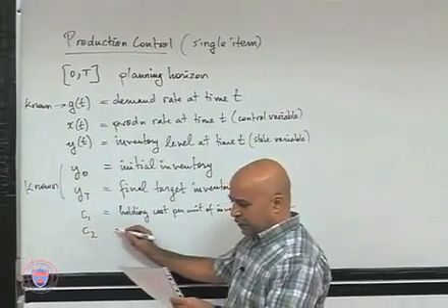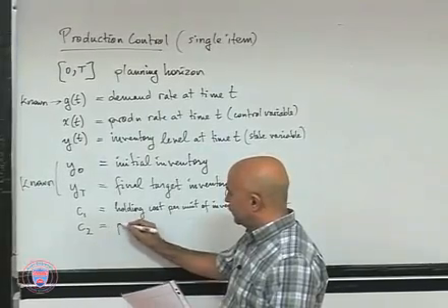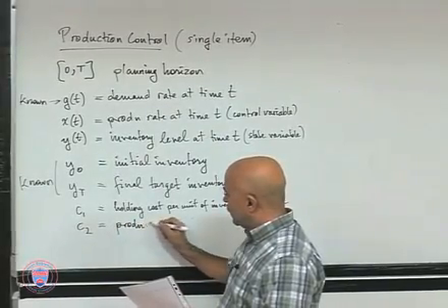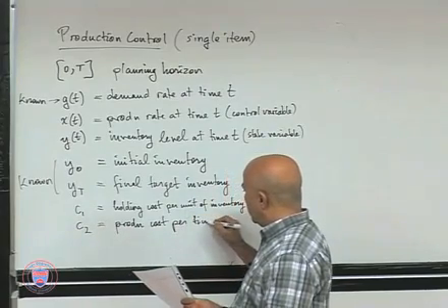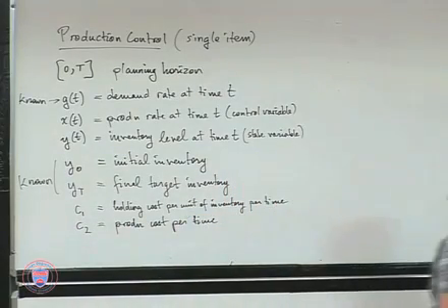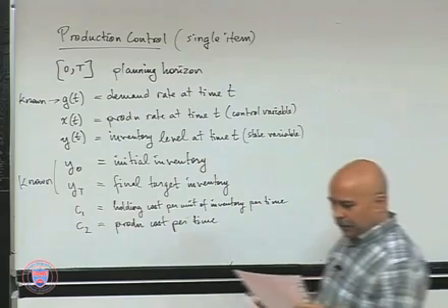C2, production cost per unit time, okay?